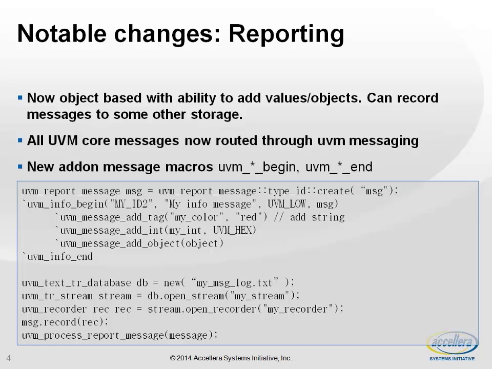That's the message object. And then we add objects, data, into that message. This data is printed or recorded along with the message. And it's better because in the past you had to flatten all of that information into the message string. That's not necessary anymore. You put it in the message elements.